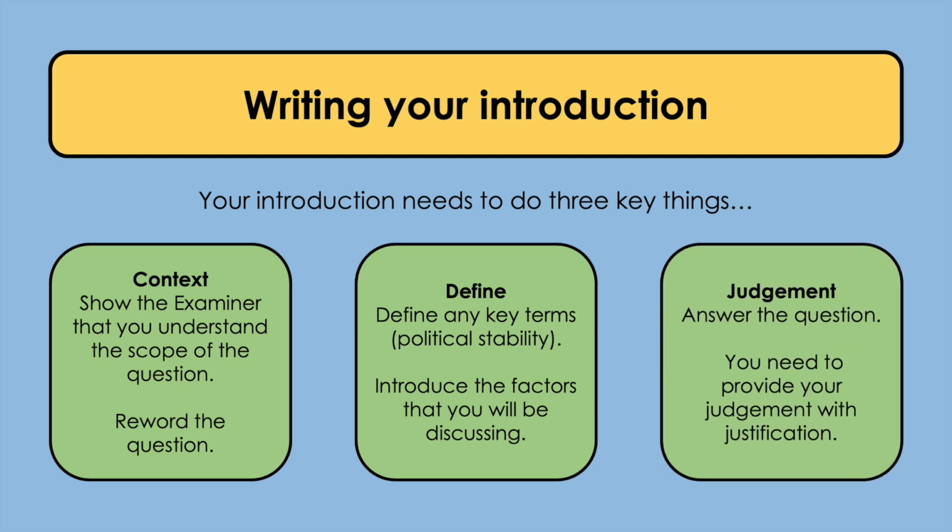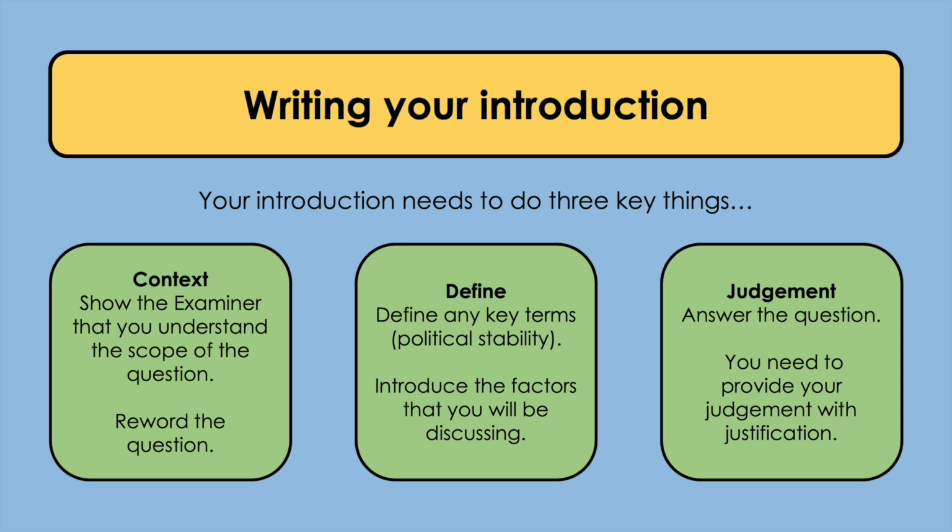Finally, you've got to provide your judgment. You've got to answer the question. And remember that judgment needs to flow throughout. So yes, you're going to evaluate. Yes, you are going to critique. But ultimately, you need to come back to that judgment.